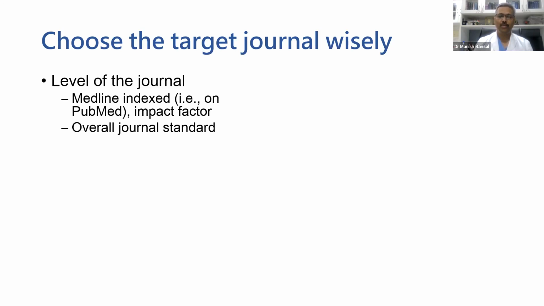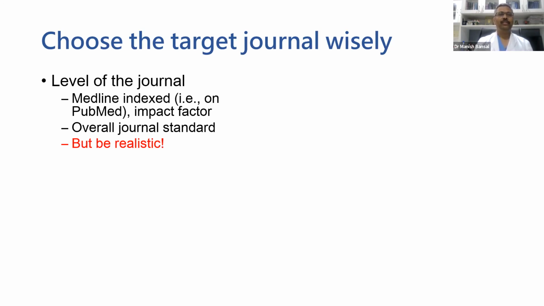Most of the journals that we usually target will have an impact factor of around 2, 3, 3.5, which is actually a pretty decent impact factor. But at the same time, when we choose a journal, we need to be realistic about our work also.